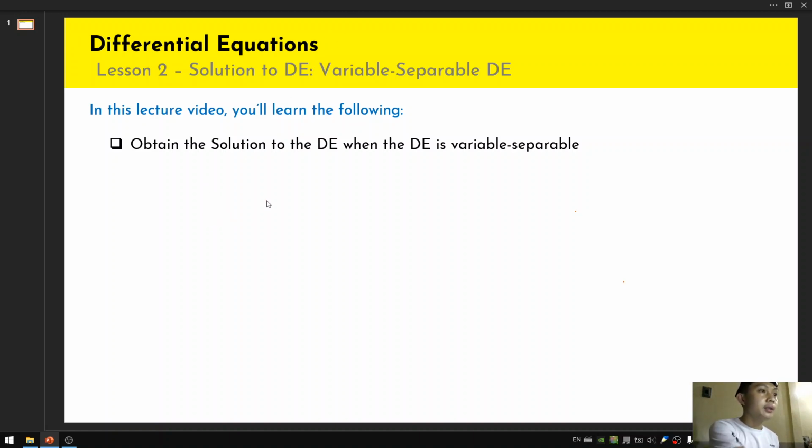The structure goes like this: any function of x must be paired with dx, plus any function of y, dy, is equal to 0.